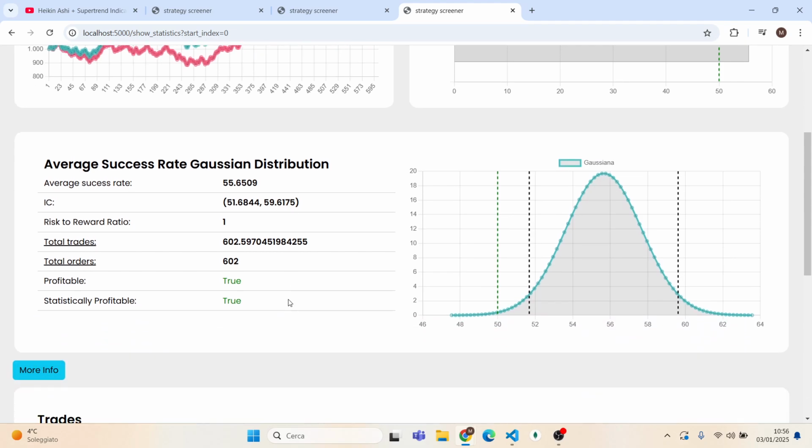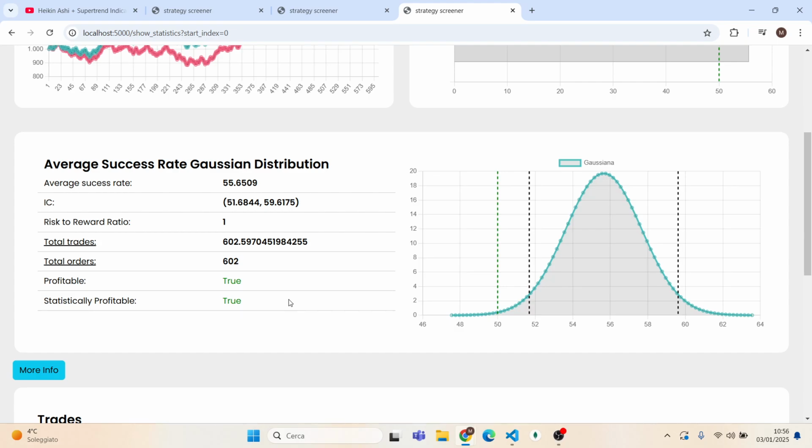What does it mean? It means that this model probably was not so overfitted. Yes, the number of trades is not too high, but by losing only 1/3 of the trades and gaining about 5% more as average success rate, it's a pretty good model.